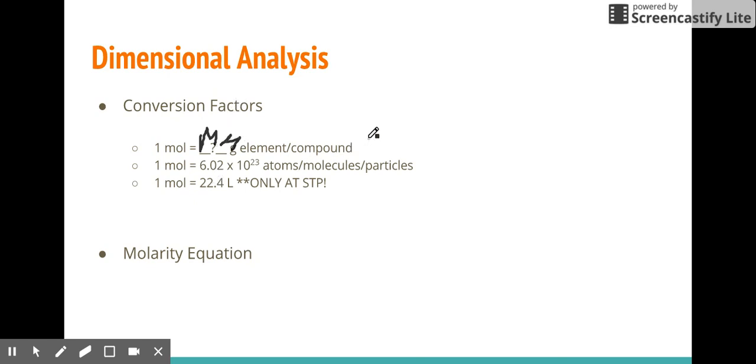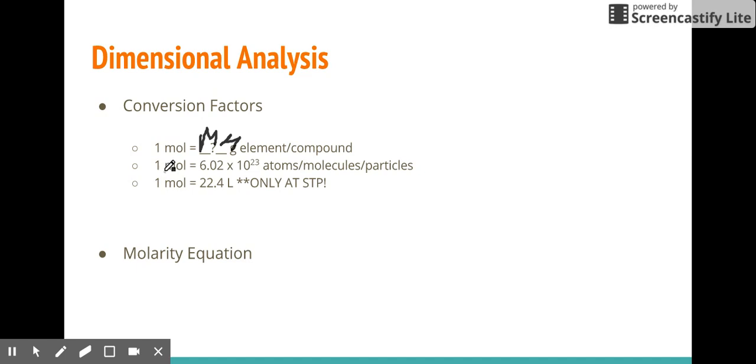For instance, iron has a molar mass of 55.85. So 1 mole is equivalent to 55.85 grams of that element. If I have a compound like the copper 2 sulfate that we were looking at, I would add up that molar mass, and 1 mole would be equal to that number of grams of that compound. So you guys get the idea.